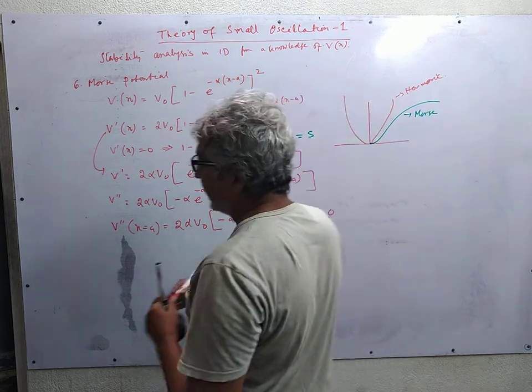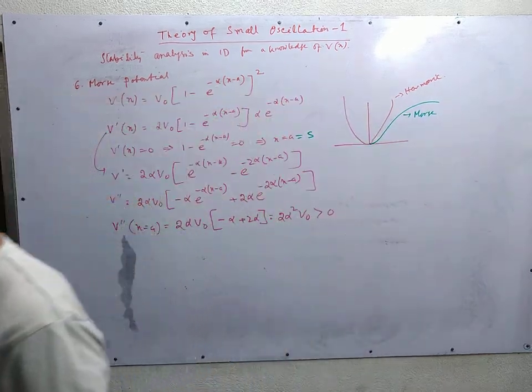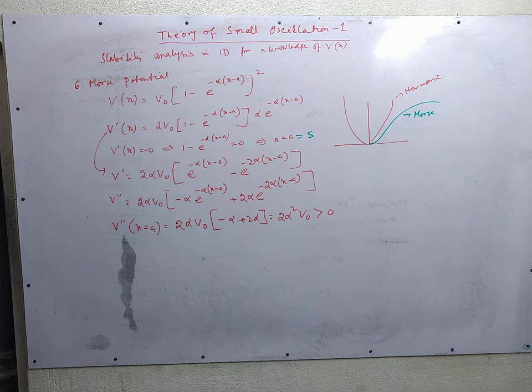Actually, if we try to study the vibration of a diatomic molecule by using a rigid rotor model which uses a harmonic potential, then we see that the energy levels are equispaced, the wave numbers are equispaced, which does not allow us to explain the dissociation of a diatomic molecule.